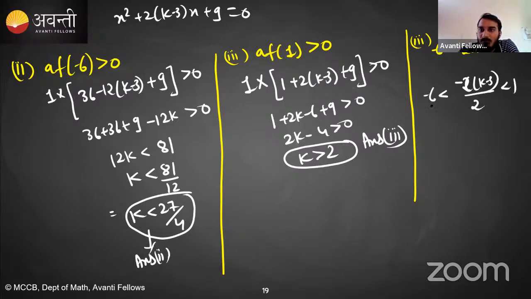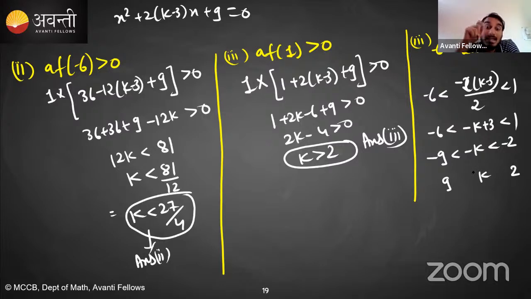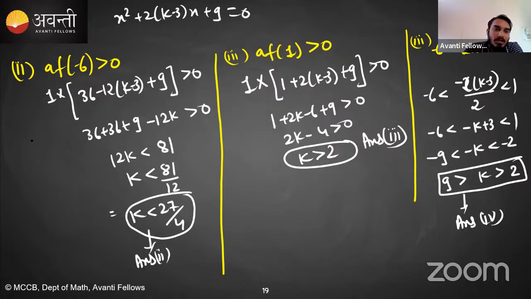So this is nothing but minus 6 less than minus k plus 3 less than 1. Now subtract 3 from each, so it becomes minus 9 less than minus k less than minus 2. Multiply with minus 1, so it will become 9 greater than k greater than 2, and when you multiply with a negative, the sign of inequality reverses. So this is your answer 4.